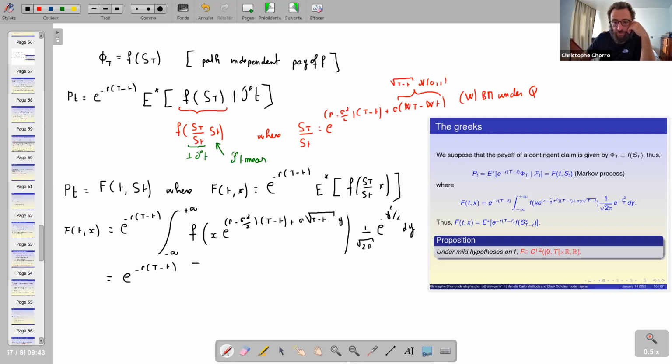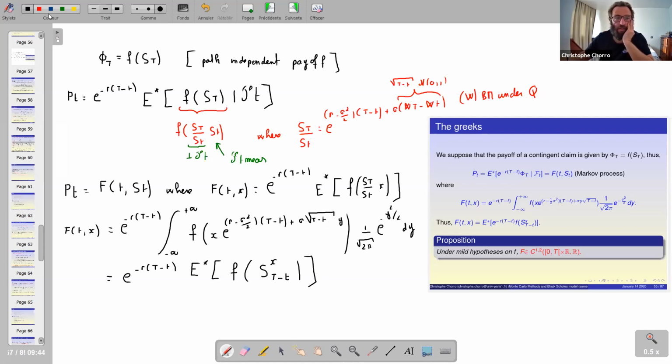So I can write it as the following: the expectation under Q of f of what? Of the geometric Brownian motion here, starting at x. So I will write it this way, S^x at capital T minus t. I start from x, and it's the value of the geometric Brownian motion at capital T minus t here.